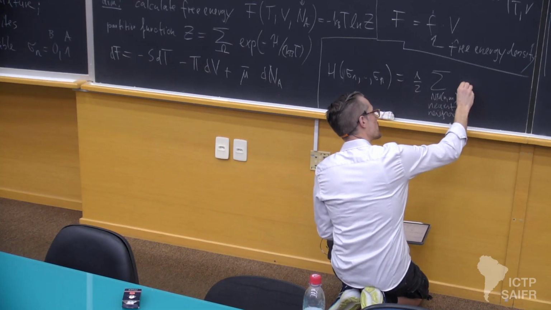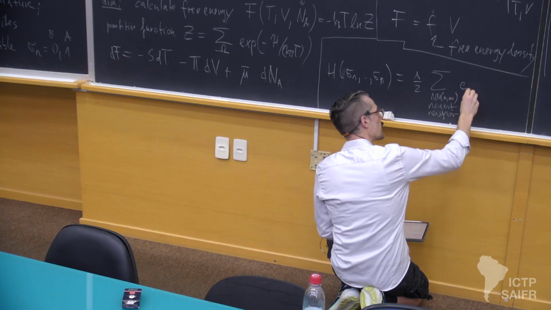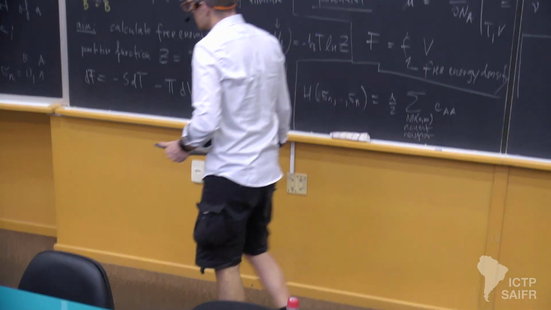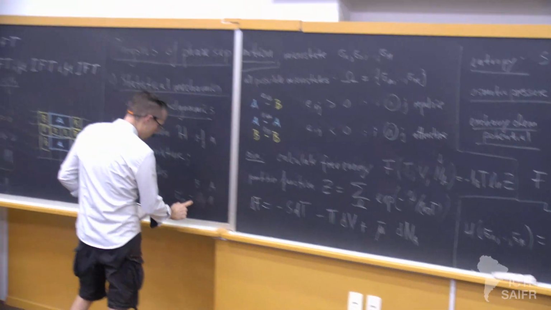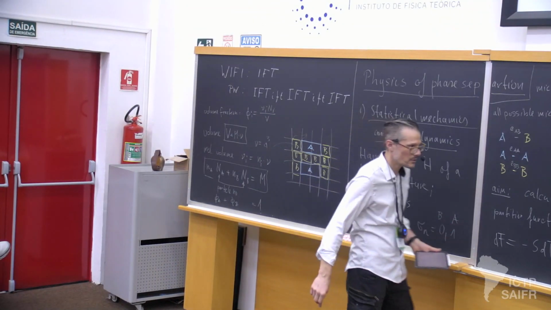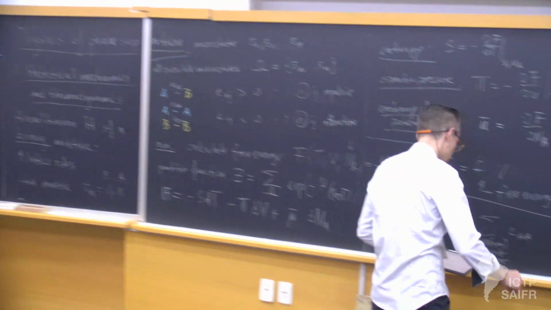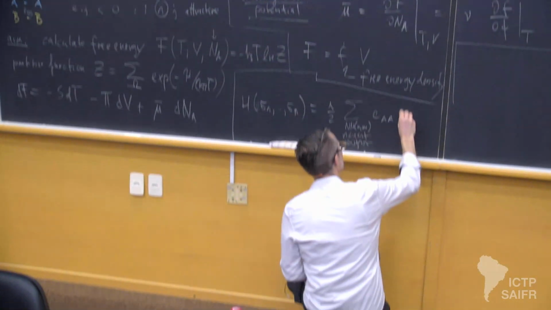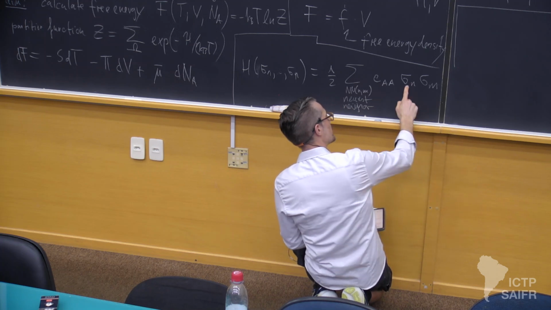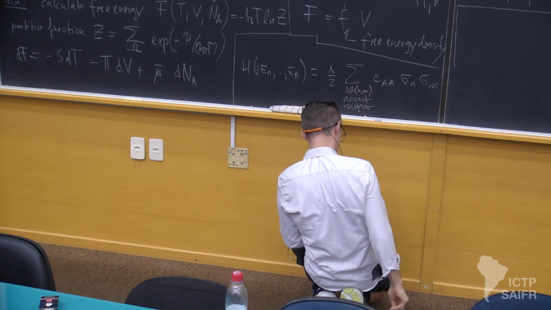And I would like to first start with the interaction between A and A. And this I can now nicely do because when I write sigma n times sigma m, this is only non-zero if it's occupied by an A. So you see, it only contributes if there sits an A where the state operator is 1.